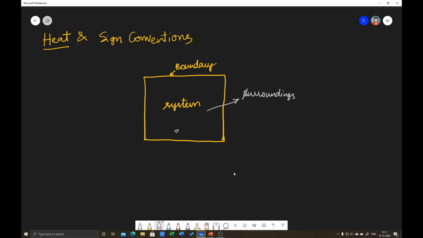Okay, and also in some cases the temperature inside may be less and the outside temperature may be high, then heat will transfer in this direction. That means heat is supplied to the system.